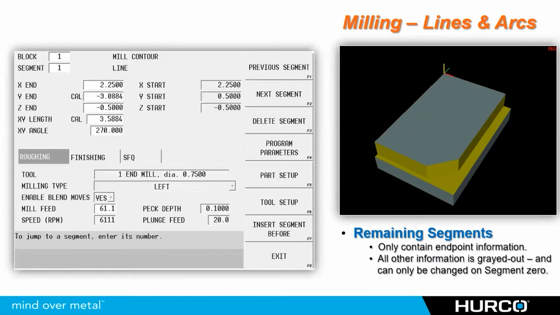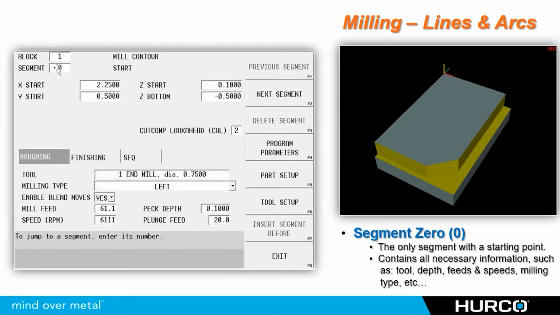If we see here in block 1, segment 1, for example, you can see that segment 1 has endpoints, and all of the information down here at the bottom of the screen is grayed out. I cannot change that. If I go back up to segment 0 again, you see that we have X and Y start points.